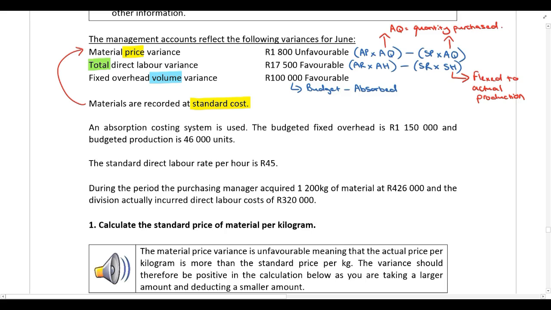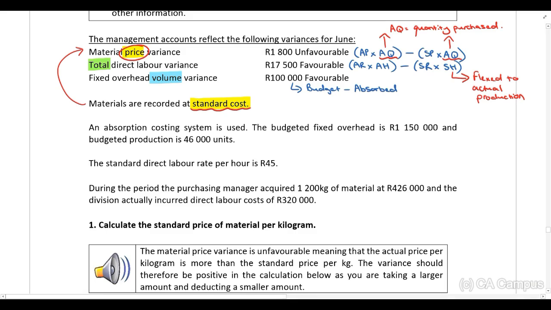Remember, if materials are recorded at standard cost, then the actual quantity is the quantity purchased. And if materials are recorded at actual cost, then the actual quantity would be the quantity that is used or issued into production. Please remember that this only applies to the material price variance. The material usage variance is always based on the quantity used in production.